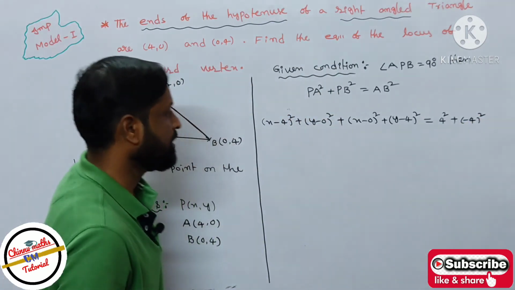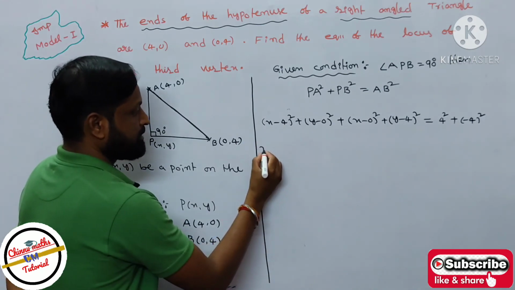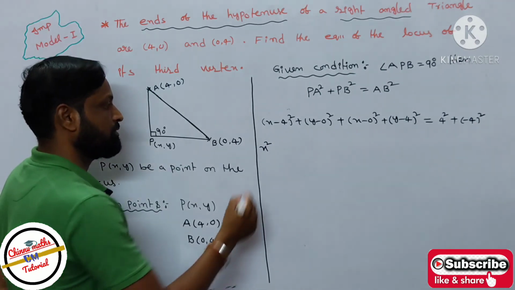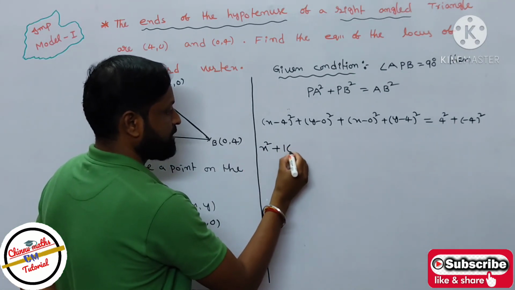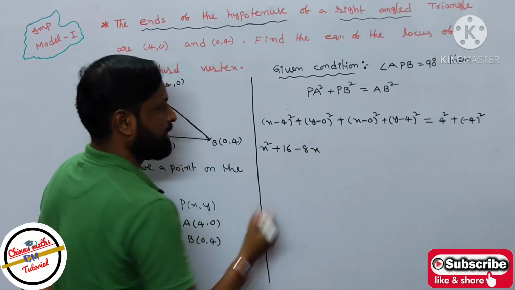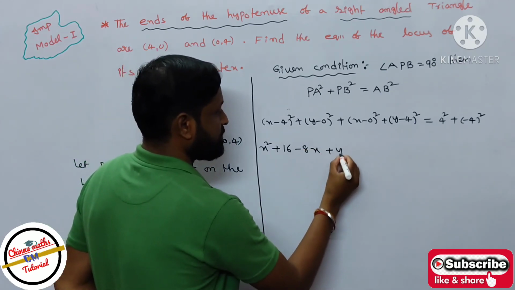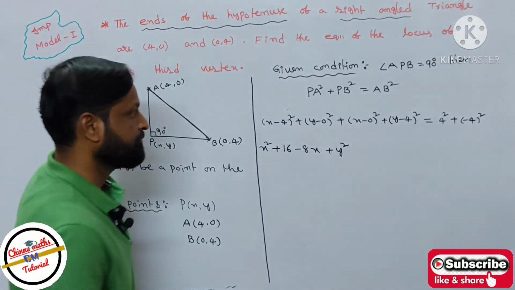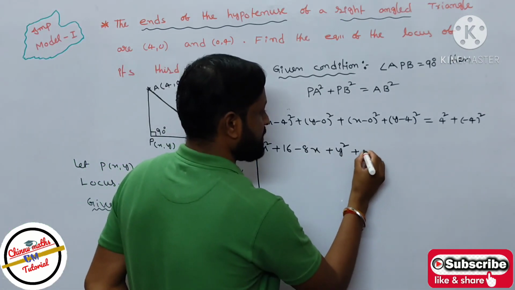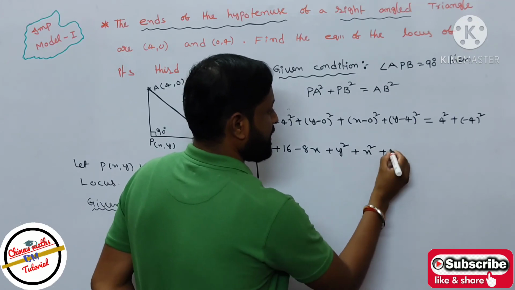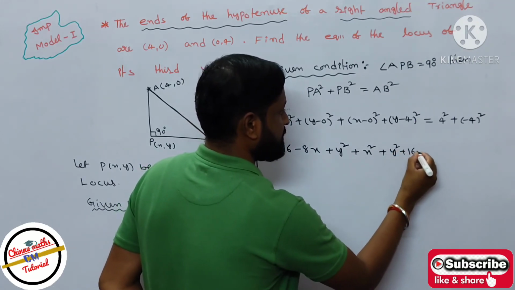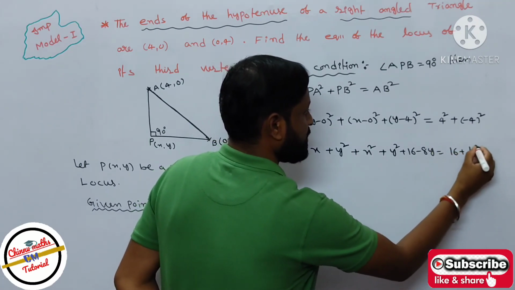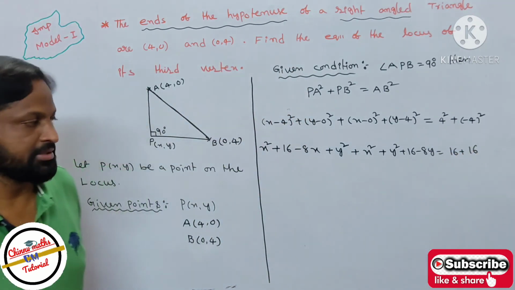Clear? Okay. (x minus 4) whole square is in the form of (a minus b) whole square. Write the expansion: a square plus b square minus 2ab, that is x square plus 16 minus 8x. Then (y minus 0) whole square means y square, and (x minus 0) whole square is x square, plus y square plus 16 minus 8y equals 4 square, that is 16, and (minus 4) whole square is also plus 16.